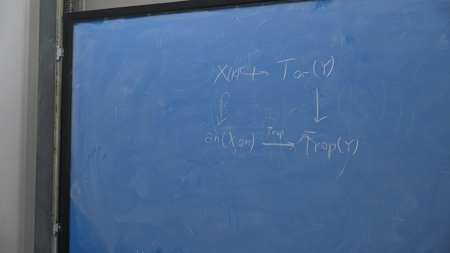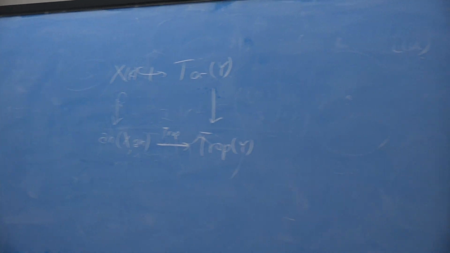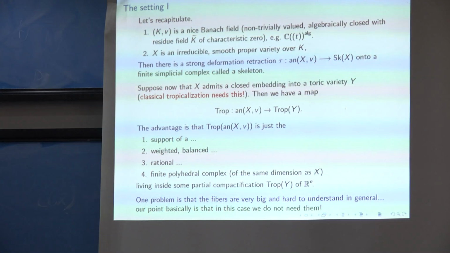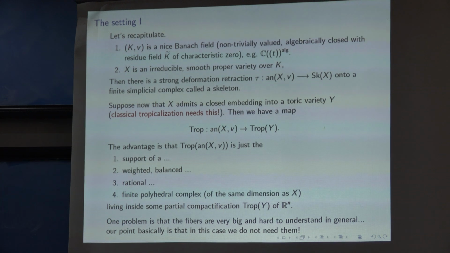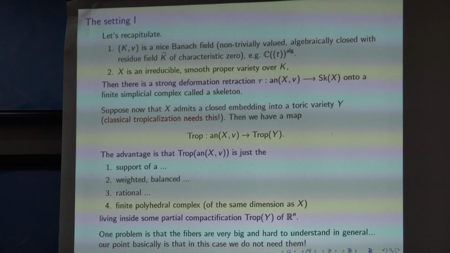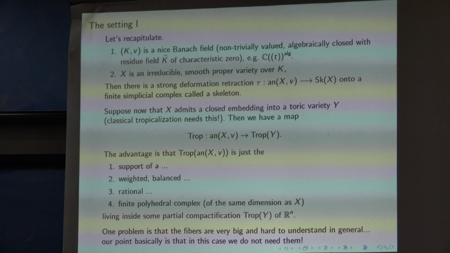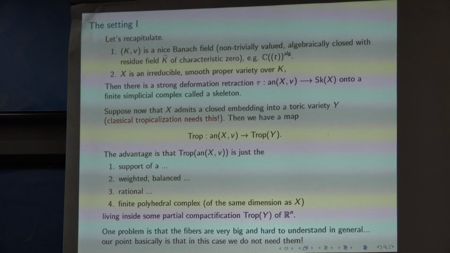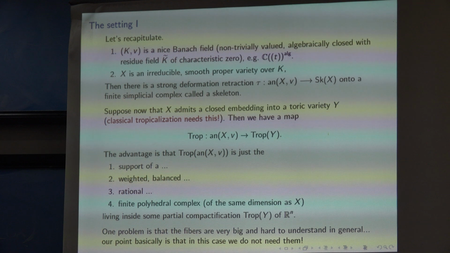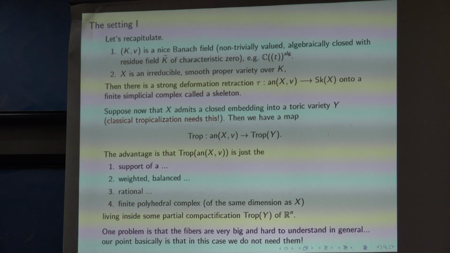So this tropicalization map has a lot of advantages. For example, the image is just the support of a weighted balanced rational finite polyhedral complex of the same dimension as your scheme. And it lives inside some partial compactification, which I call trop of R^n.